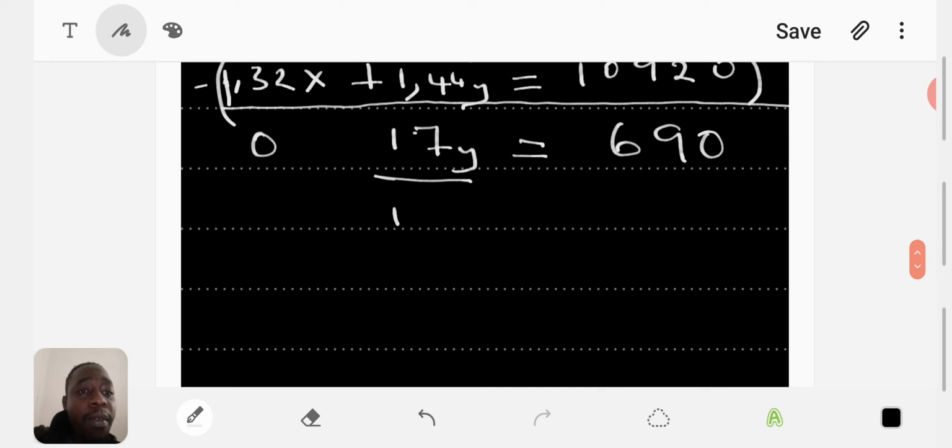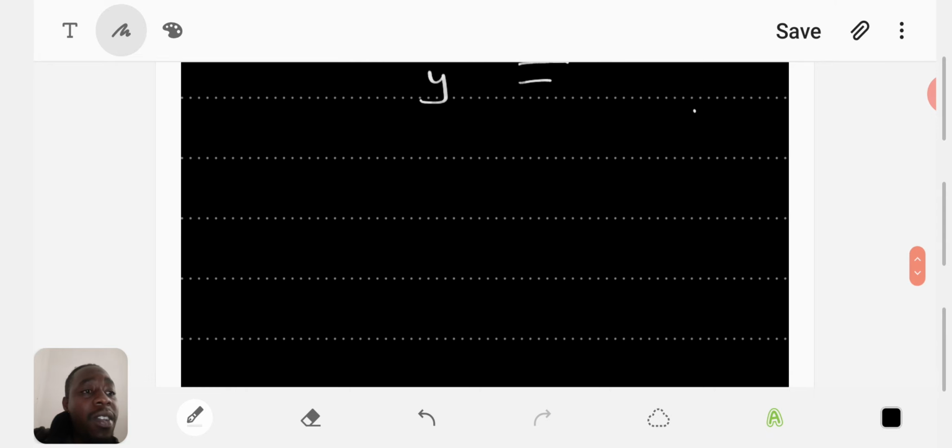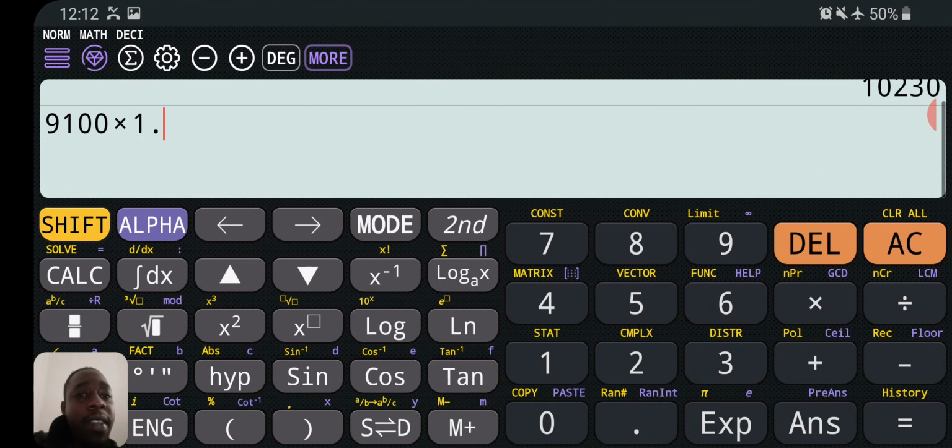Then we divide both sides, and y will be equal to 690 divided by 0.17.